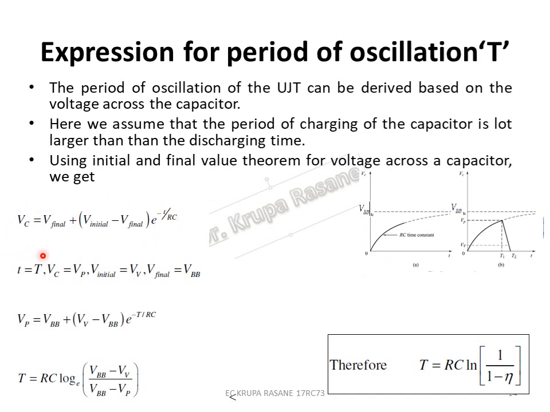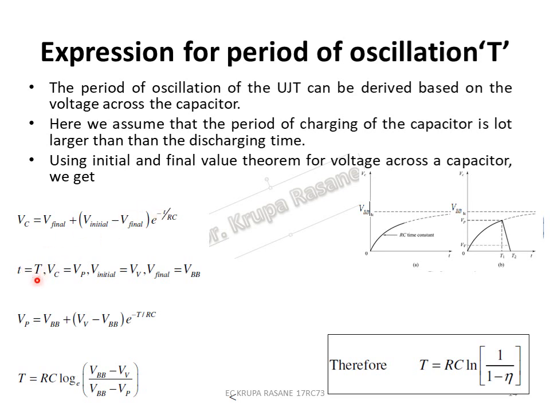This is the general initial and final value theorem basically used to calculate the voltage across the capacitor. So let us use this formula to derive the expression for T. Let us call the period capital T, and we are only considering T1; T2 is neglected in the previous graph.